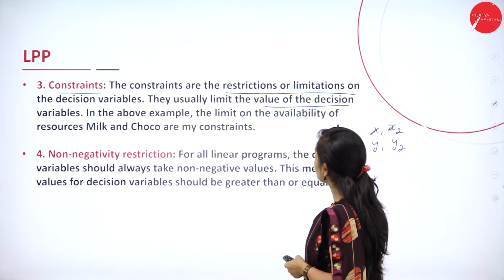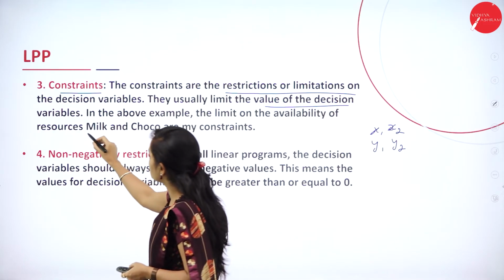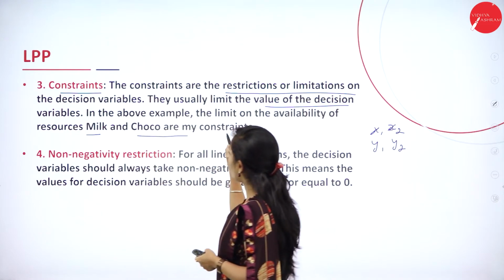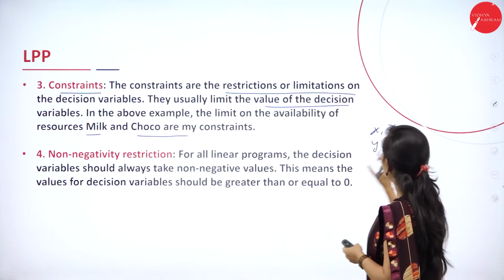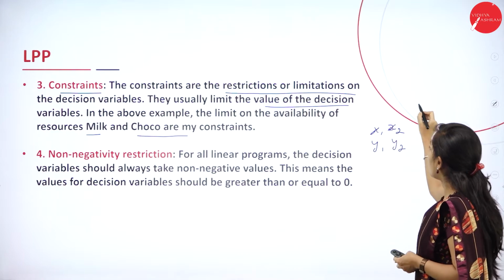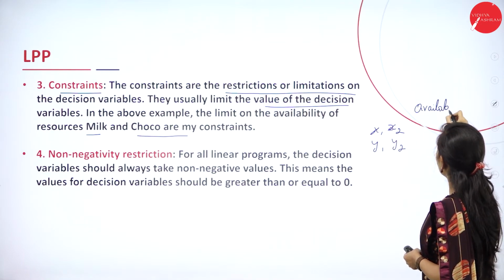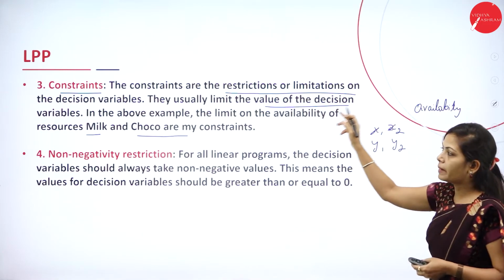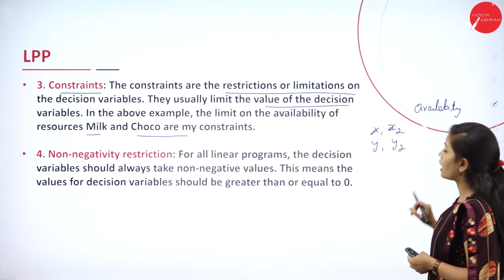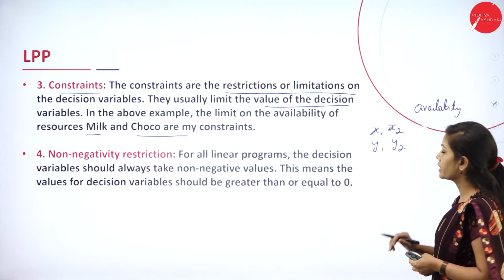For example, the limit on the availability of resources, milk and choco, are my constraints. For representing better constraints, we have to choose the availability of a given product.